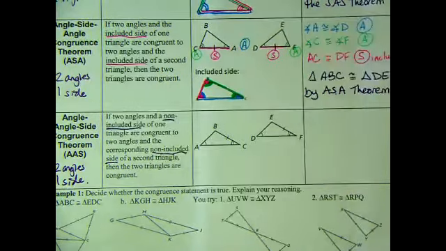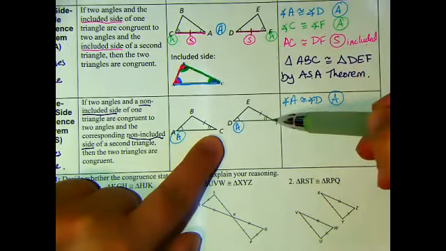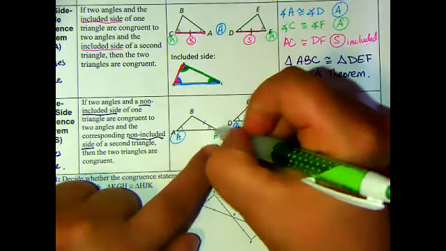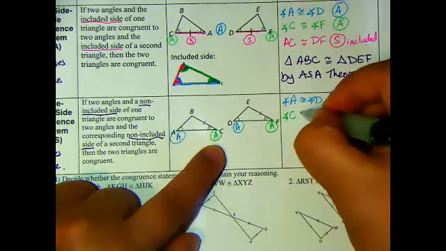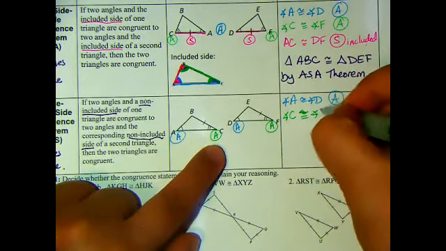I have angle A is congruent to angle D. That's my first pair of angles right there. Second pair, I have angle C and angle F. I have my two arc marks. So this is my second pair of angles. So angle C is congruent to angle F.